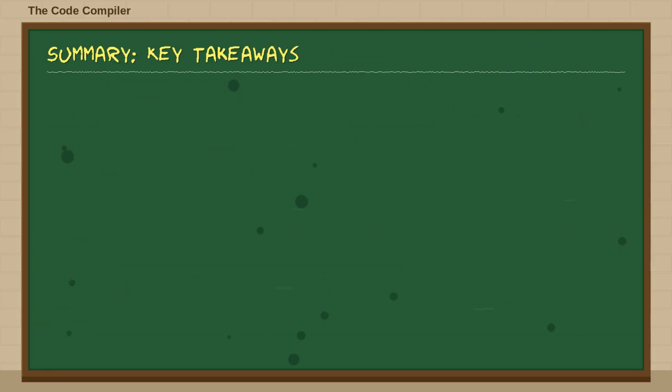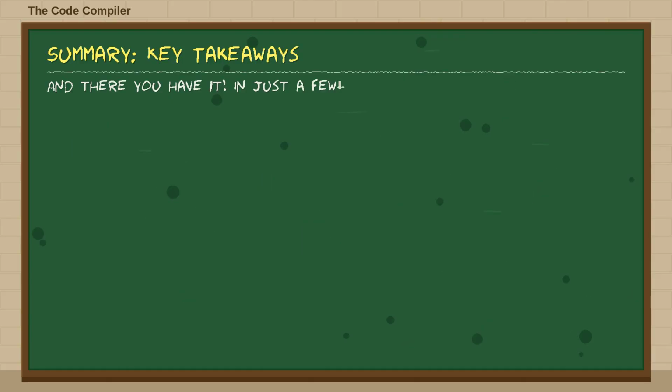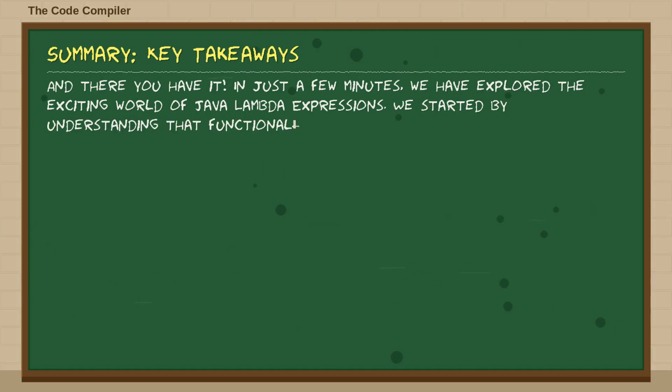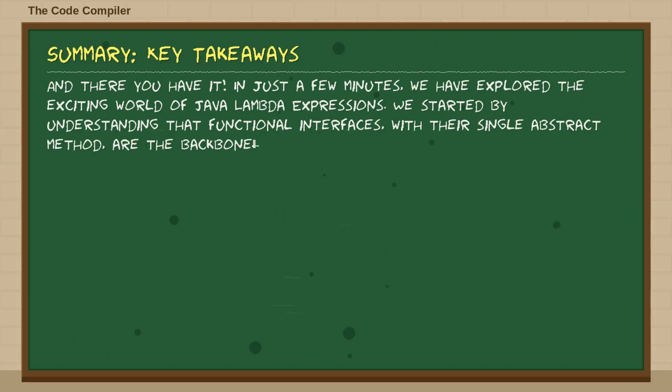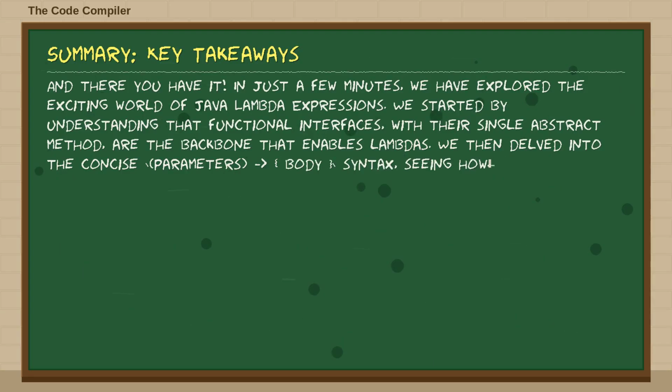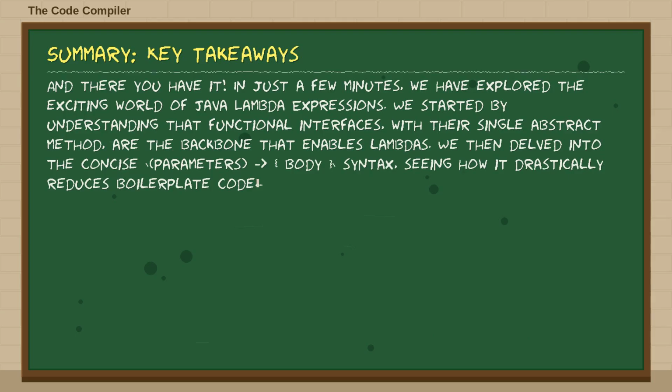And there you have it. In just a few minutes, we have explored the exciting world of Java Lambda Expressions. We started by understanding that functional interfaces, with their single abstract method, are the backbone that enables lambdas. We then delved into the concise parameters-arrow-body syntax, seeing how it drastically reduces boilerplate code compared to anonymous inner classes.